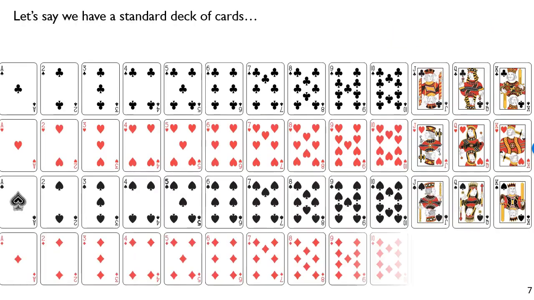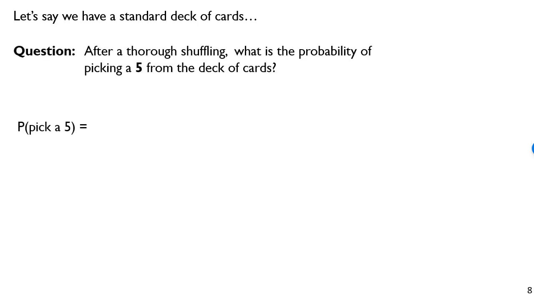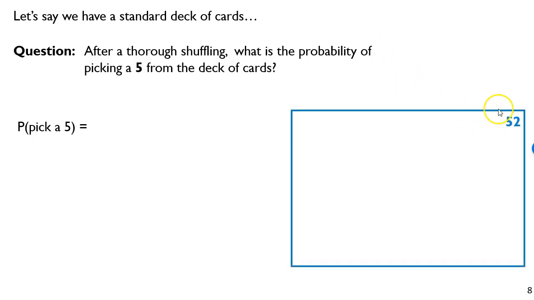So say we have a standard deck of cards, and say after a thorough shuffling, what is the probability of picking a 5 from the deck of cards? Well, let's see. In our Venn diagram, our sample space contains 52 total cards, and there are 4 fives, one for each of the different suits.